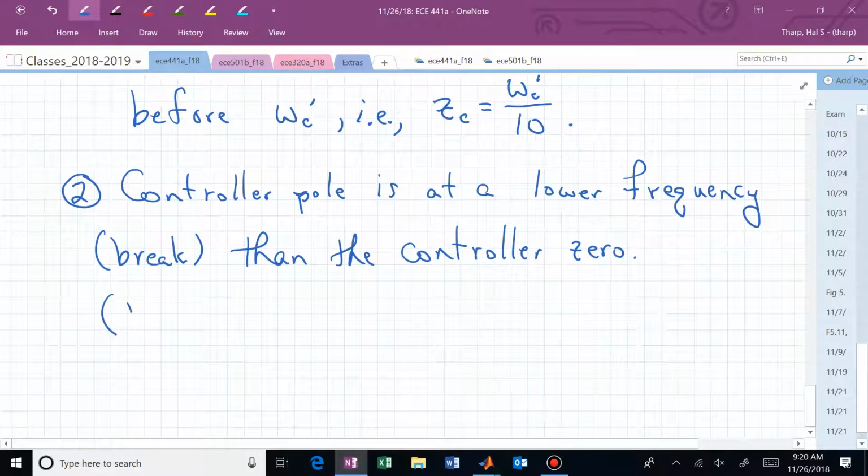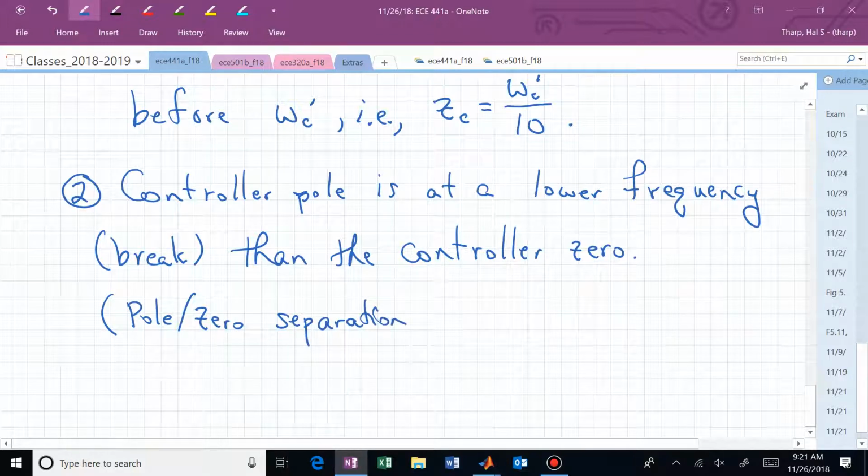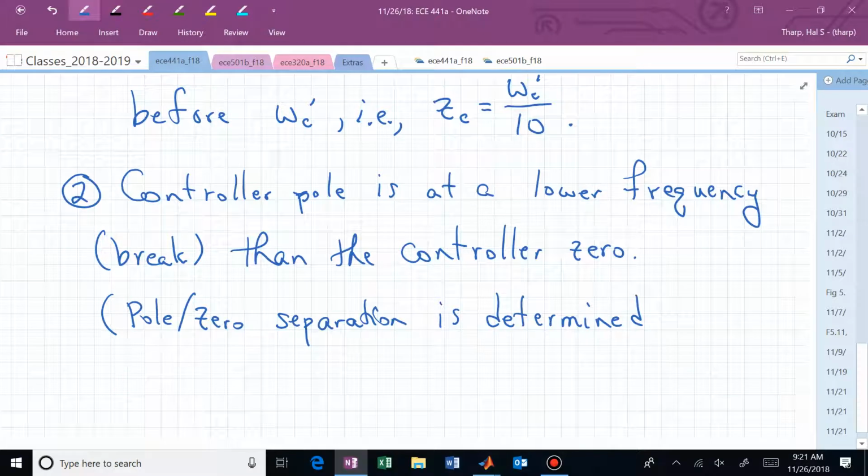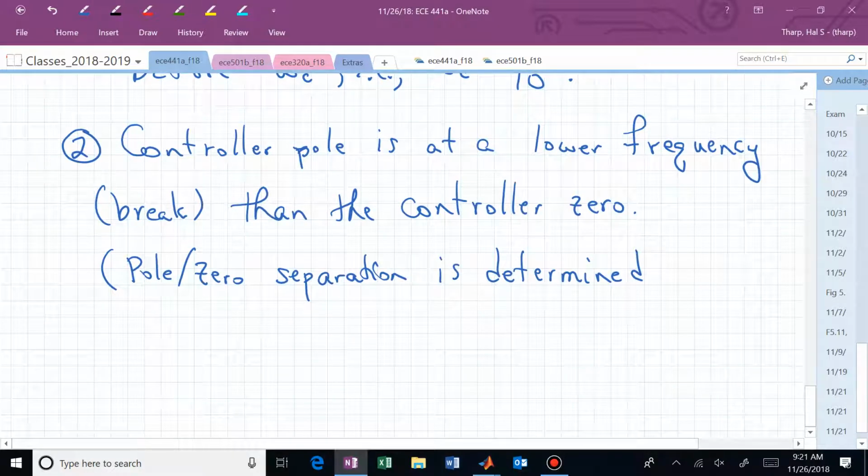And this pole zero separation is actually determined by how much attenuation we need to have happen at this new gain crossover frequency omega sub c prime. How much do we need to lower the gain to make our gain curve cross at 0 dB at omega sub c prime? So the pole zero separation is determined by the attenuation needed.